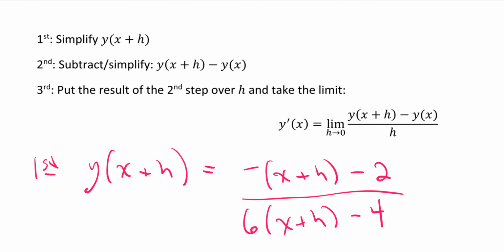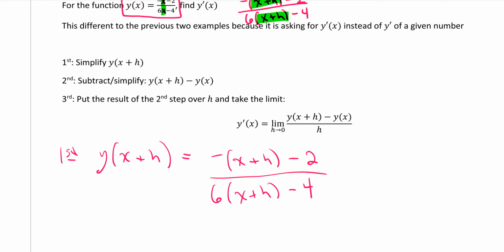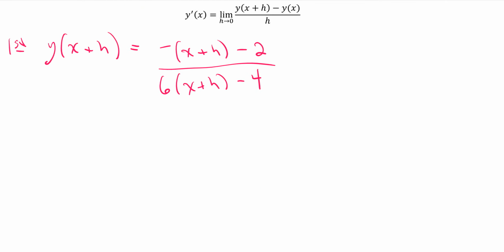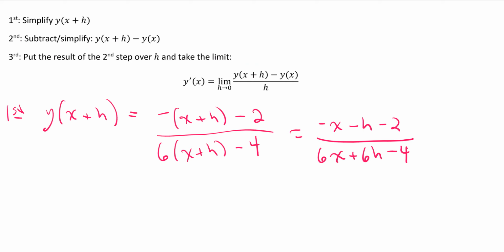And that's where this comes from. Now we need to simplify it a bit, so we'll have negative x minus h minus 2 all over 6x plus 6h minus 4. That's step 1 done, and step 2 now is to subtract and simplify.